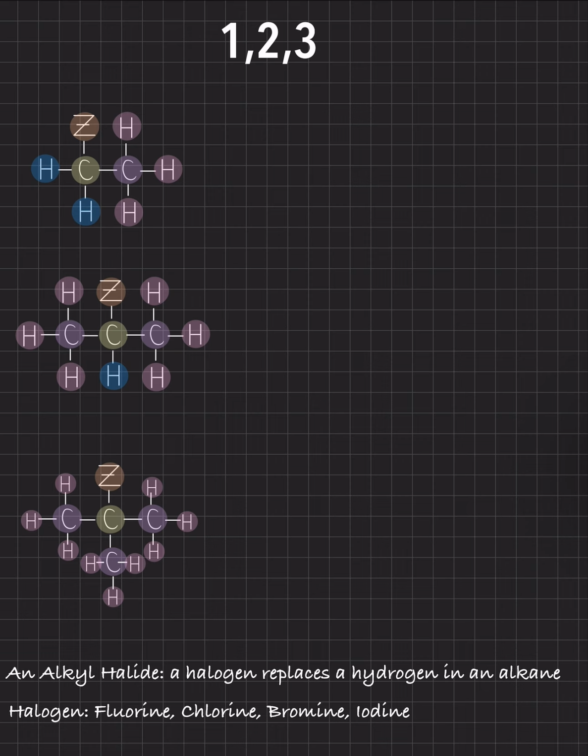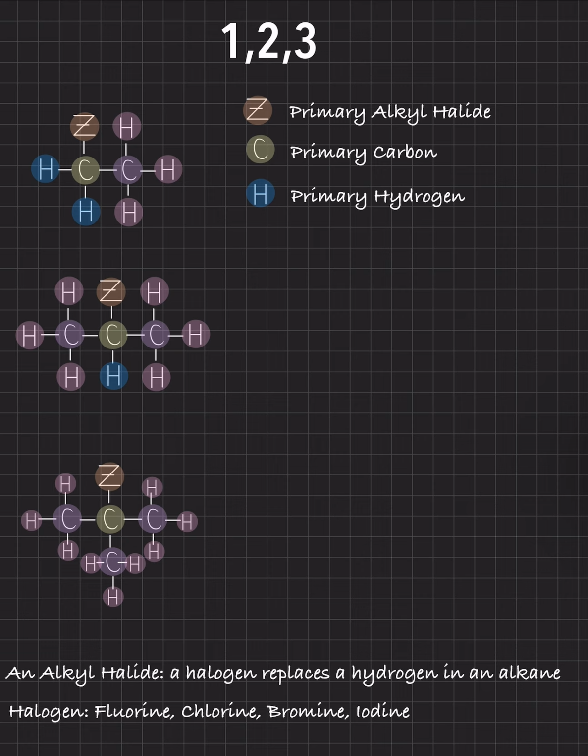Since it's only attached to one purple carbon, that makes the yellow carbon a primary carbon. And since the Z is attached to that primary carbon, it is a primary alkyl halide. And again, since the blue hydrogen is attached to that carbon, that yellow carbon is a primary hydrogen.